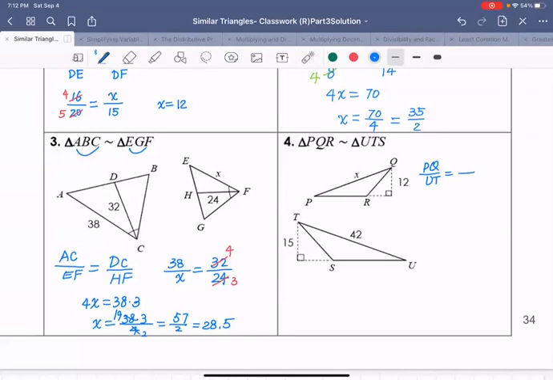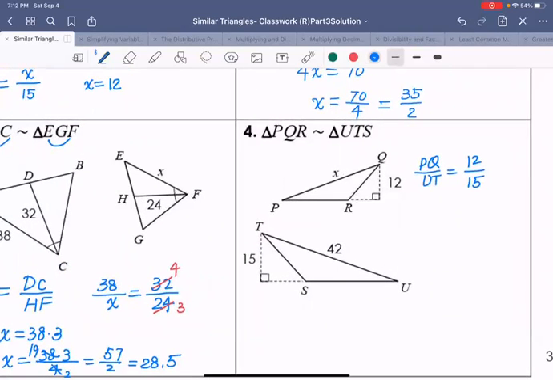Equals QR, but you see here, in this triangle, this side and this side, they are corresponding sides. And this is the altitude, and this is the altitude. So you can go ahead and write down 12 over 15. Does this make sense to you? If you feel curious why you can write down this, let me explain over here.